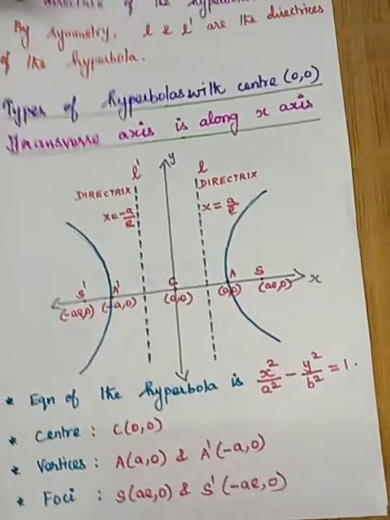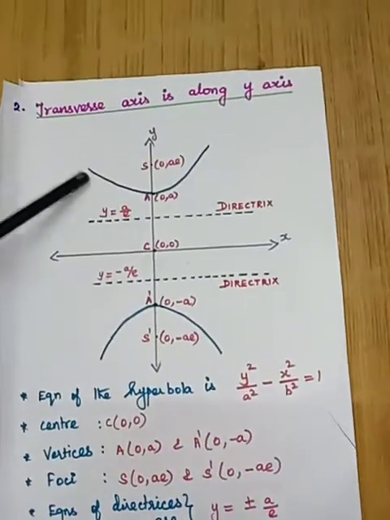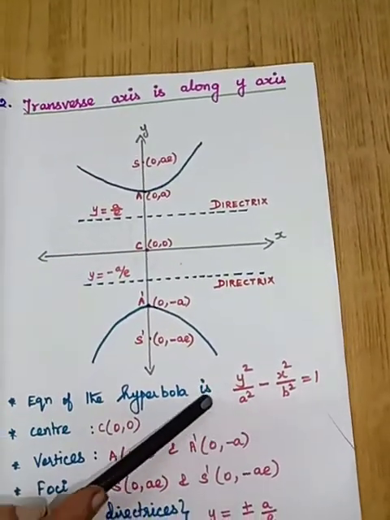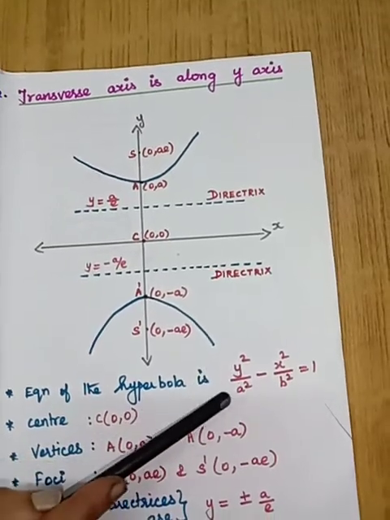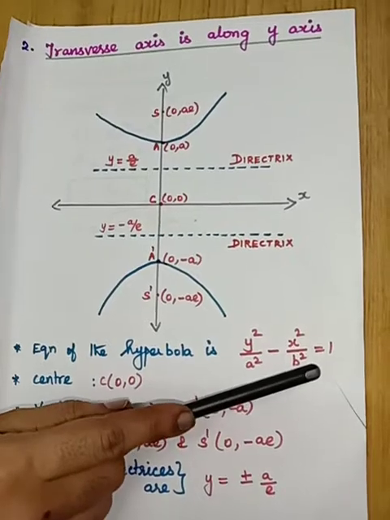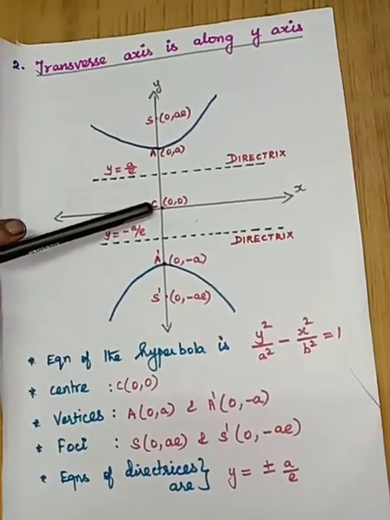Okay. So the next one, transverse axis is along the y-axis. So the hyperbola will be like this, whose equation is y squared by a squared minus x squared by b squared is equal to 1. Now the center is (0, 0).